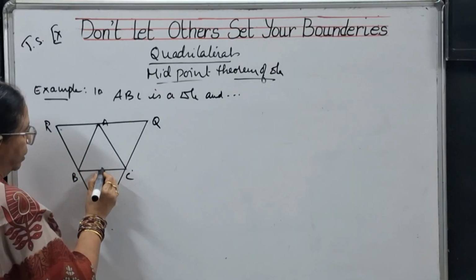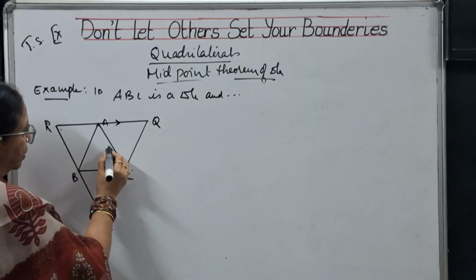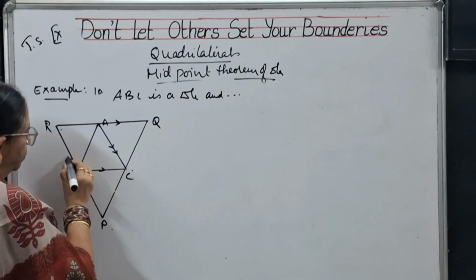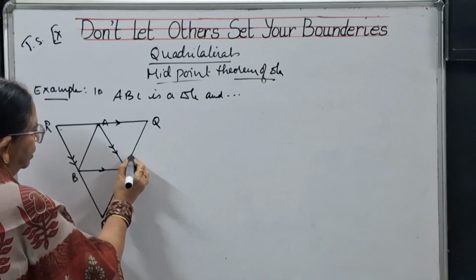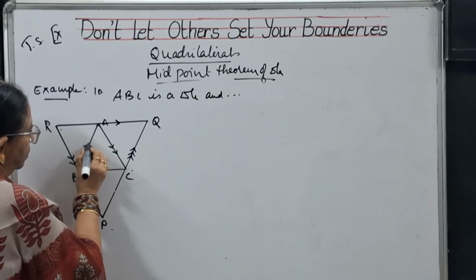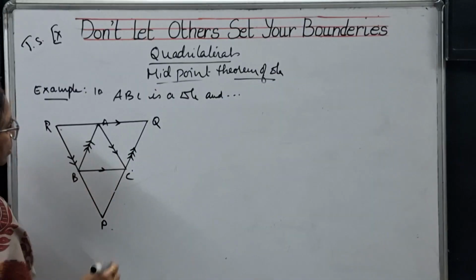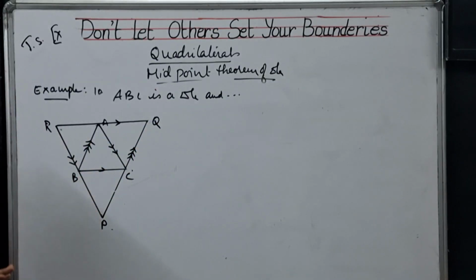So these two are parallel, and these two are parallel through B and through C. PQ is parallel to AB. So like this, parallel lines are drawn.